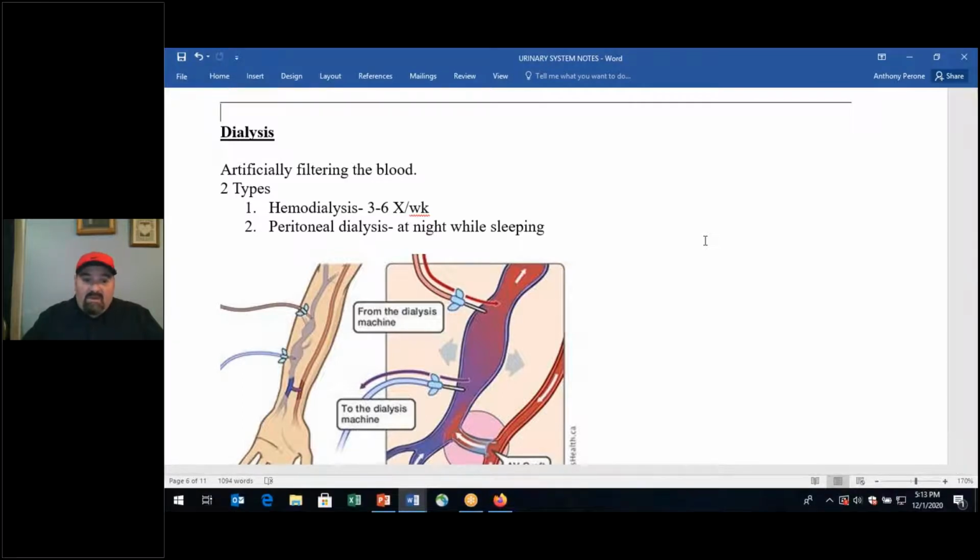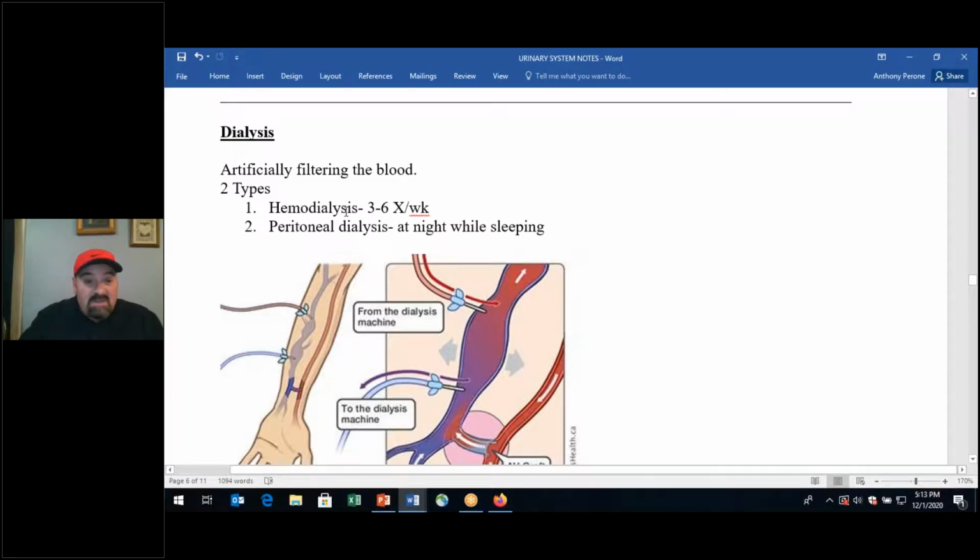Then you wait overnight. I pointed to the wrong thing. Peritoneal dialysis: this is where, at night, they're having this exchange taking place, and in the morning you drain what's within the abdominal pelvic region.